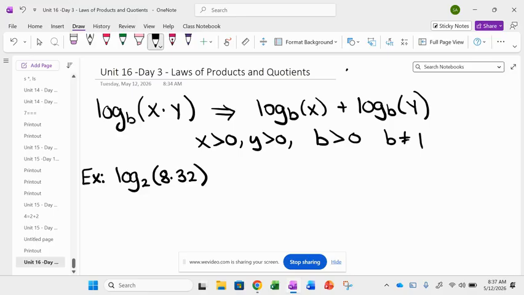Do I need an equal sign for a log and something after it? No, we don't need that. So if I'm going to change this into an exponential, do we all agree this is going to be 2 to the x power is equal to the argument, which is 8 times 32? We're all in agreement of this?